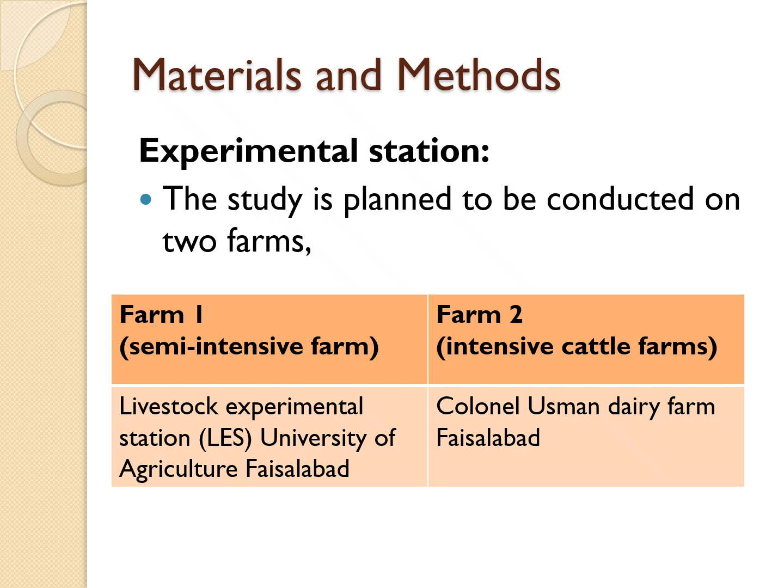So in the semi-intensive farm, there is no toxin binder being used, they just give the feed and fodder to the cattle. And in farm 2, they use a toxin binder mixed in the feed and then give it to the cattle.